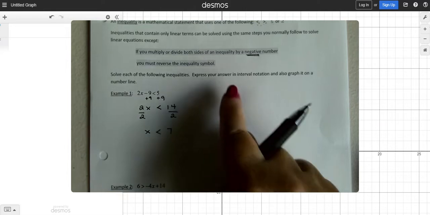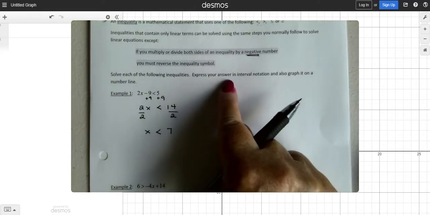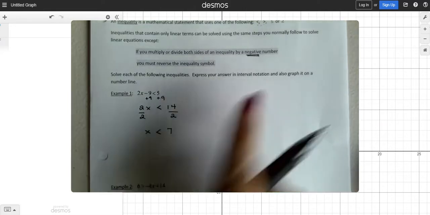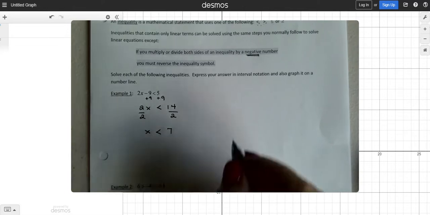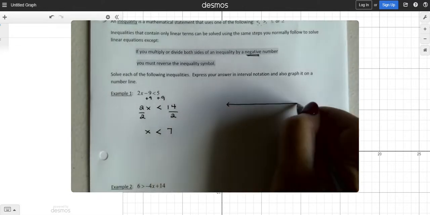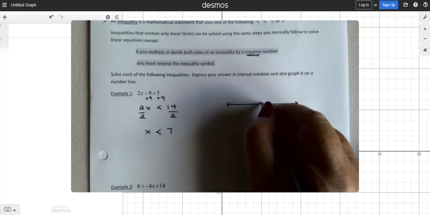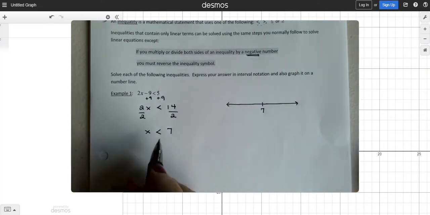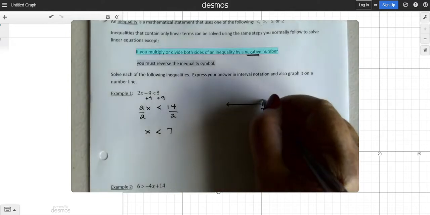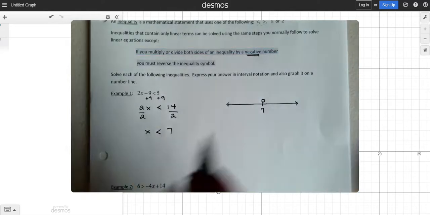Now notice it says express your answer in interval notation and also graph it on a number line. I'm actually going to do the number line graph first, and this doesn't have to be fancy. I'm just going to put my 7 on there. x's are not equal to 7, so I'm going to put an open circle.